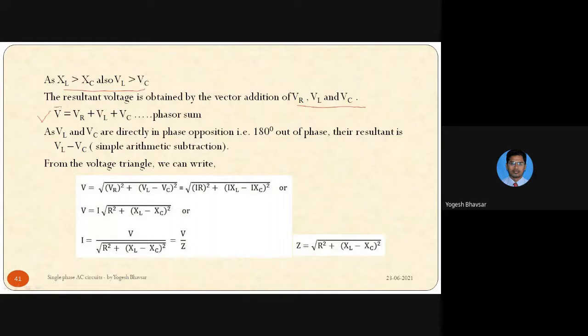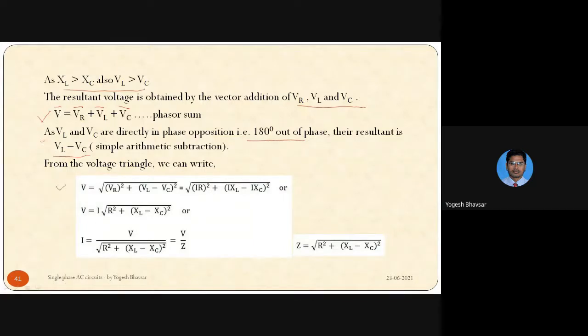So for phasor sum, we just denote a bar over these terms like that. So this is the vector addition or phasor addition. As VL and VC are directly in phase opposition, 180 degrees, the resultant will be VL minus VC. This is simple arithmetic subtraction, VL minus VC. We are subtracting the length of VC from VL.